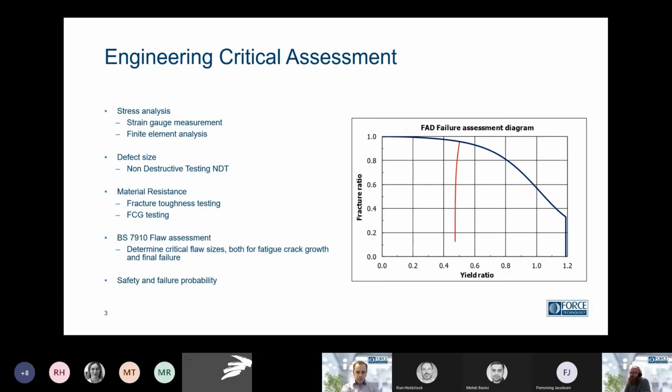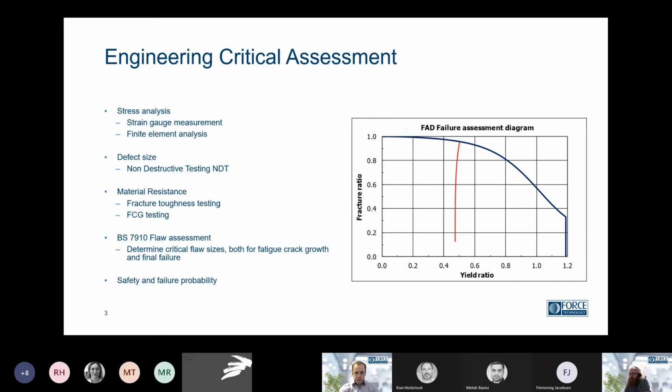To determine the critical flaw size, we need to do a stress analysis. It can be done by either strain gauge measurements or a finite element analysis. The defect size needs to be estimated, and that's usually done by non-destructive testing. We need to know the material resistance, so again we can get that from fracture toughness testing, and fatigue crack growth testing for fatigue crack growth curves.